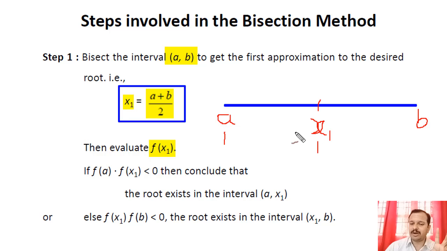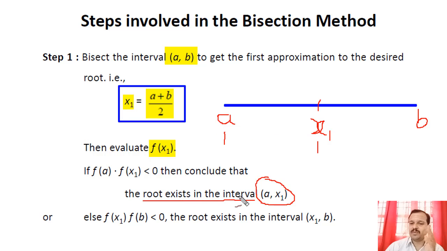This is an important conclusion. Then we say that the root exists in the new interval a to x1. The earlier interval was a to b, now the new interval is shortened. It is made half. So the new interval is going to be a to x1, and in this interval we say that the root exists.